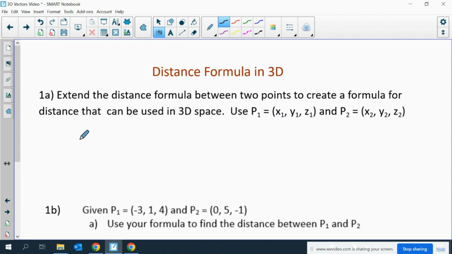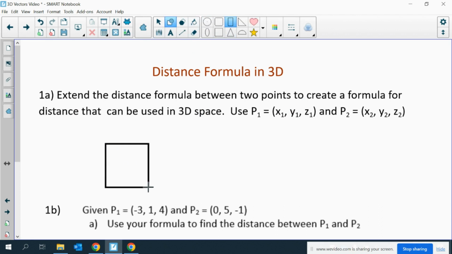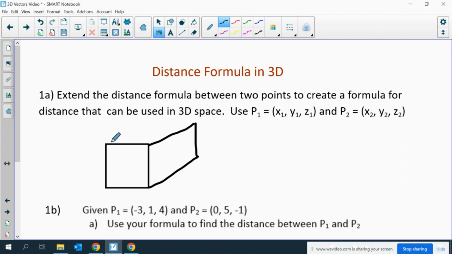So if we just look at, for example, a box, I know that's a pretty terrible drawing, but if I want to find the distance across 3 dimensions in a box, what I can do is find the distance on the floor.